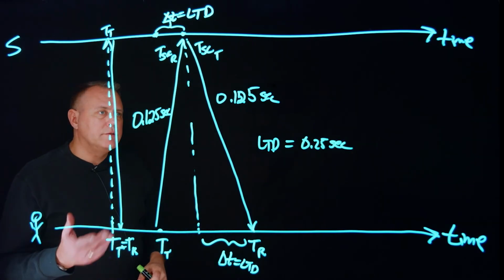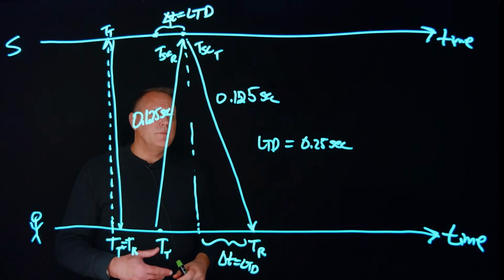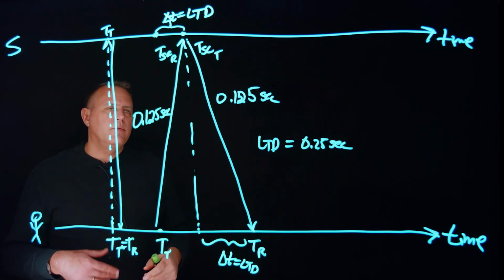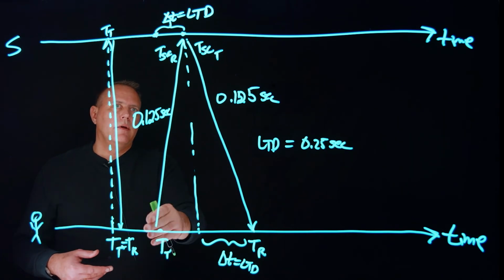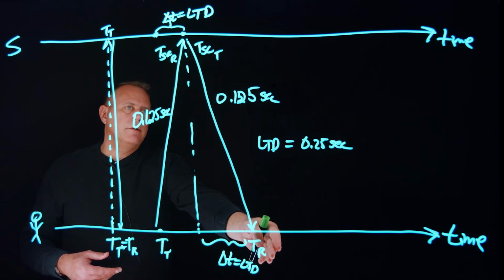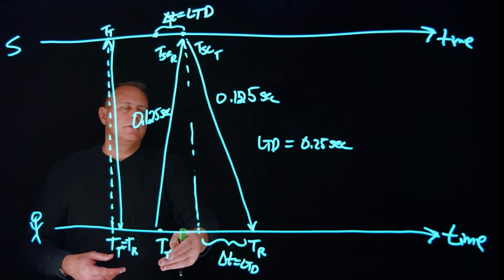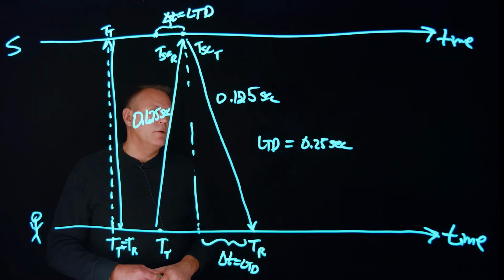You can start to experience this if you're doing an international phone call that's being relayed through satellites. Sometimes you can hear a slight delay between the time you talk and it gets relayed to somebody over here, and then they respond and it comes back. So it could be as much as half a second of delay just due to the light travel time.